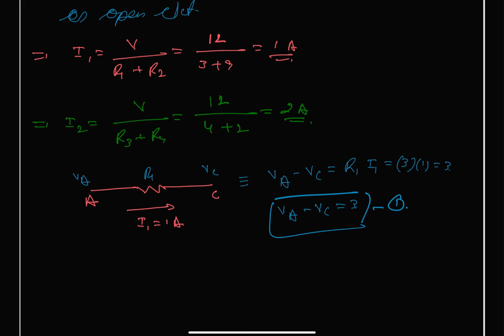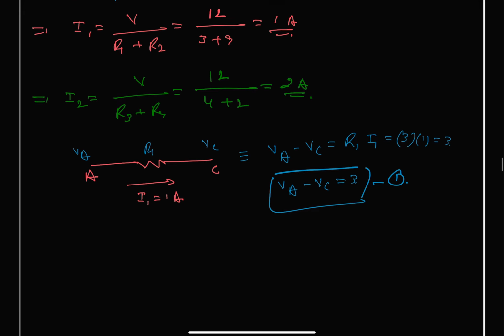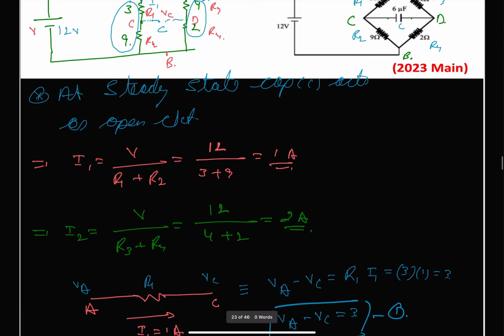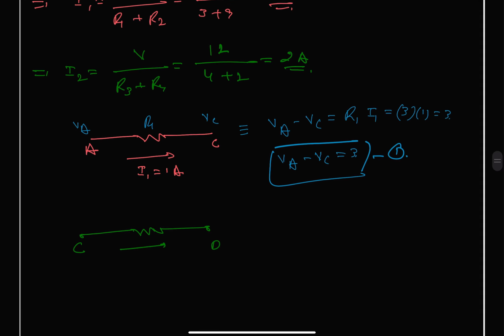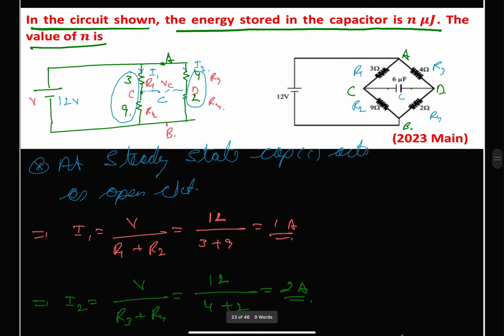Similarly, we can draw for D. Sorry, one second, D, not CD. This point is A. Current flowing here is I2, which we know is 2 ampere, and the resistance is our R3.